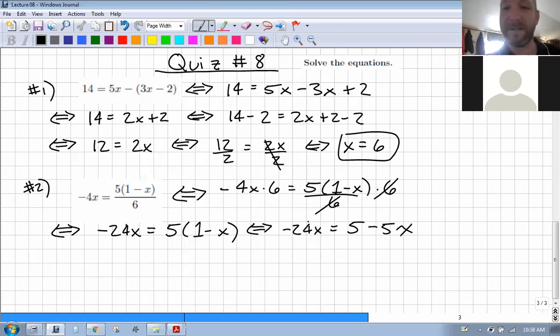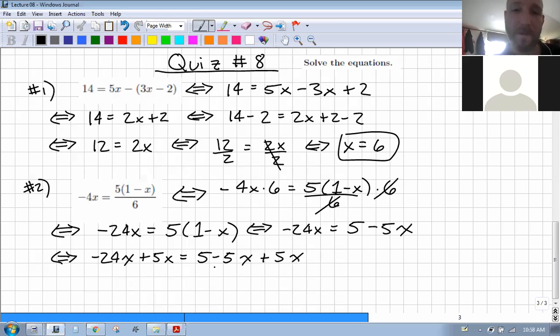5 times a negative x is a negative 5x. And now we have x's in 2 different locations. I'd resolve that by adding 5x to both sides. So that goes away, and then we have negative 24x plus 5x is negative 19x equals 5.